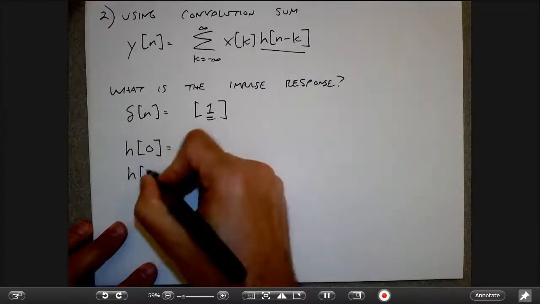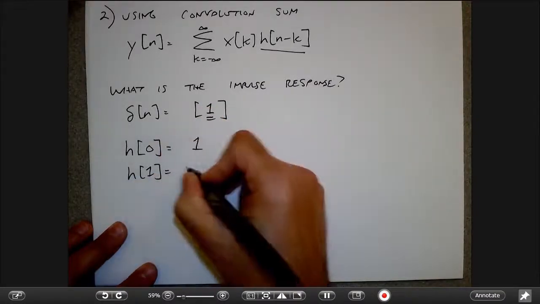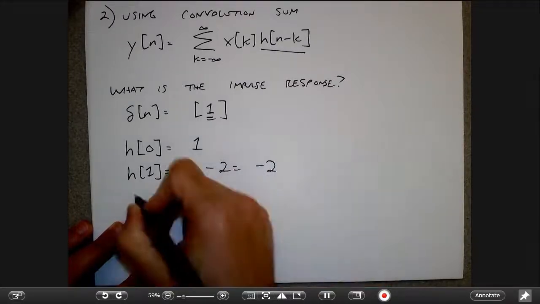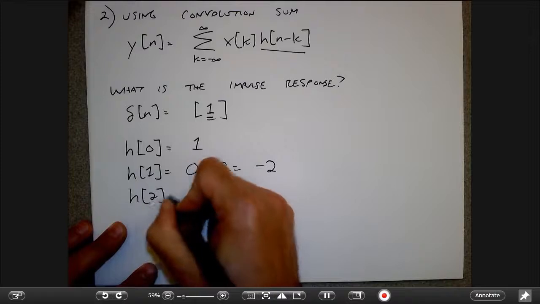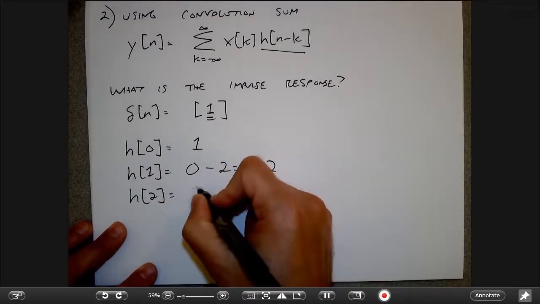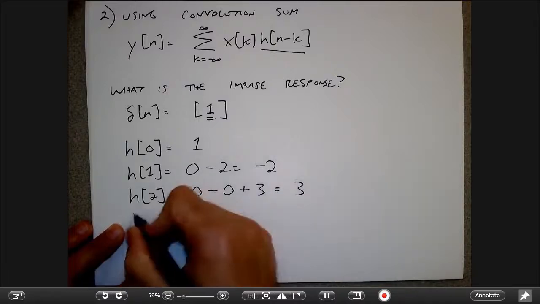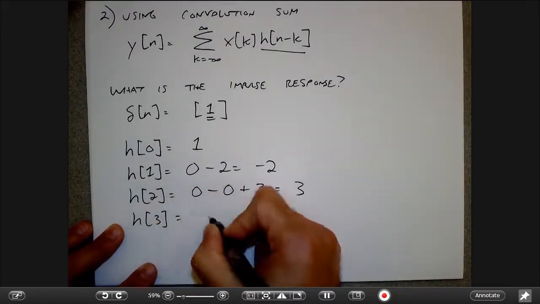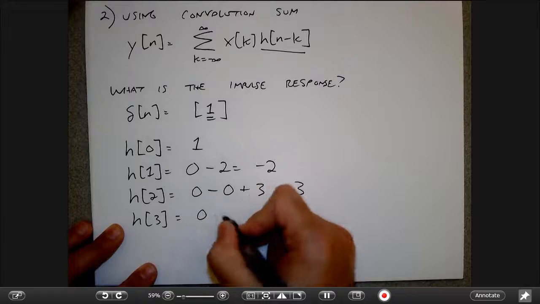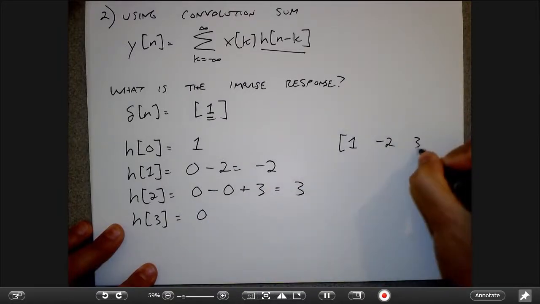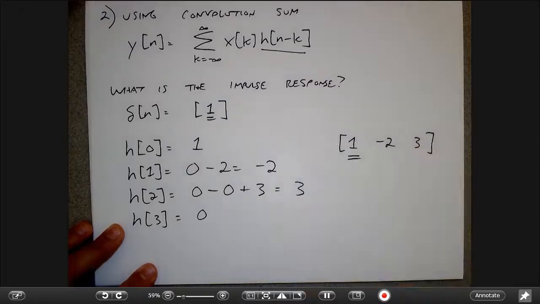My h at 1 is going to be 0 minus 2, which is negative 2. My h at 2 is going to be 0 minus 0 plus 3, which is 3. My h at 3 is going to be 0, and 0, 0, 0. Right? So I basically only get 3 numbers for my impulse response.